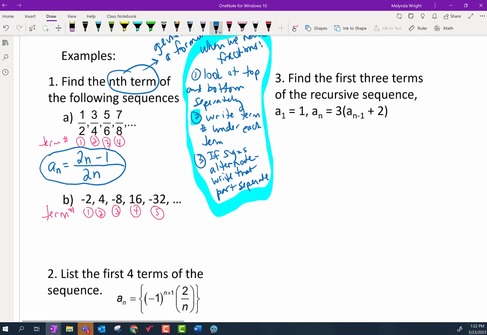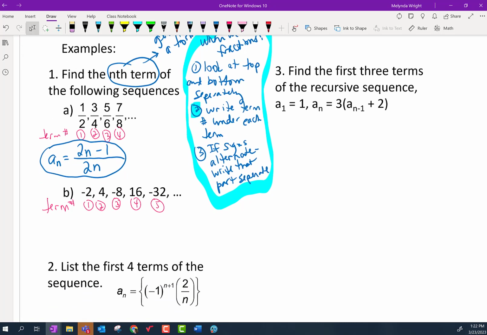All right, so I'm going to start writing that part. So I've got a sub n equals. The alternating part is -1 to the n or -1 to the n plus 1. Those are our choices. Or you could do -1 to the n minus 1. But typically we do -1 to the n or -1 to the n plus 1.